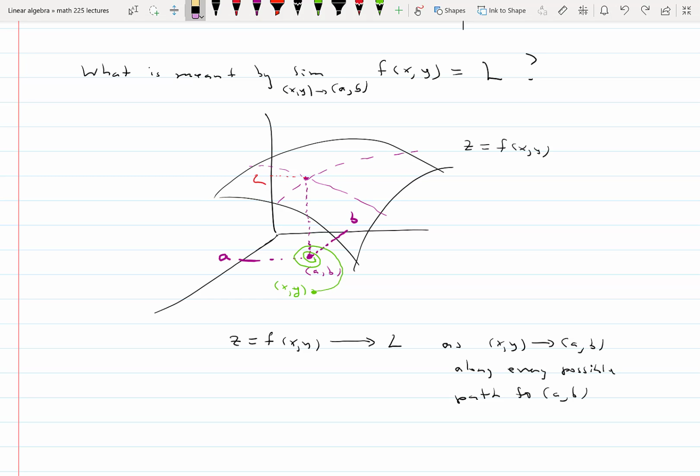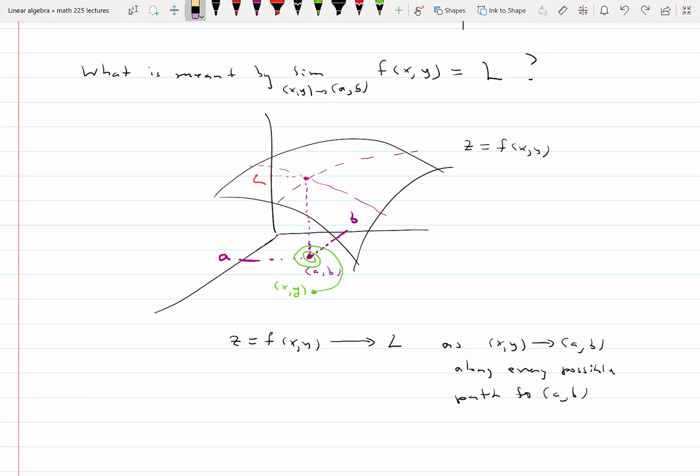Now, here's the deal. Not every limit exists. So how did we prove that a limit of a function of one variable didn't exist? All we have to do is show that one of the two one-sided limits doesn't exist, or that both of those one-sided limits have different values if they do exist.